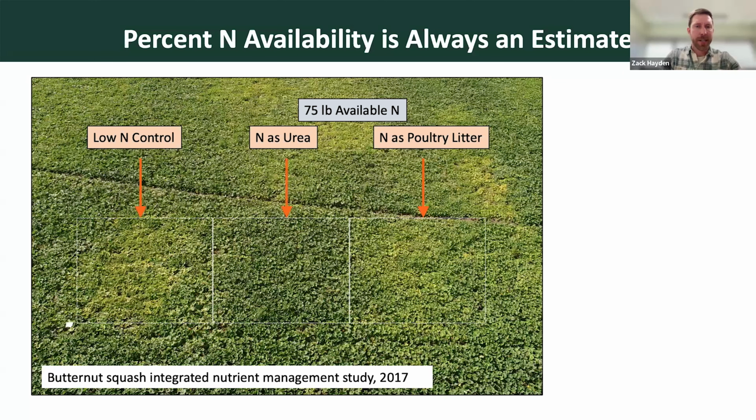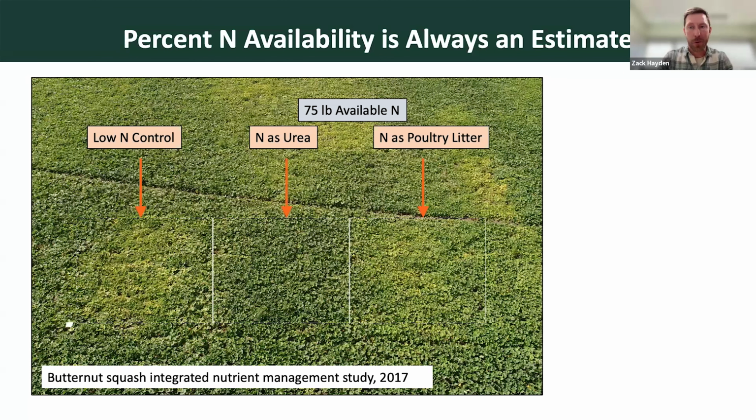Okay, and this is another example from a study that we did in butternut squash, where we were comparing supplying 75 pounds of available nitrogen either with conventional sources as urea or as poultry litter. And the key point here is we ran that calculation, but still you can see we see more nitrogen deficiency where we used the poultry litter in this particular year.